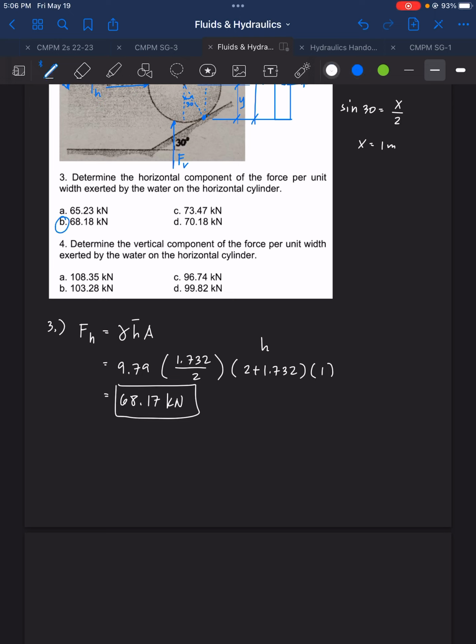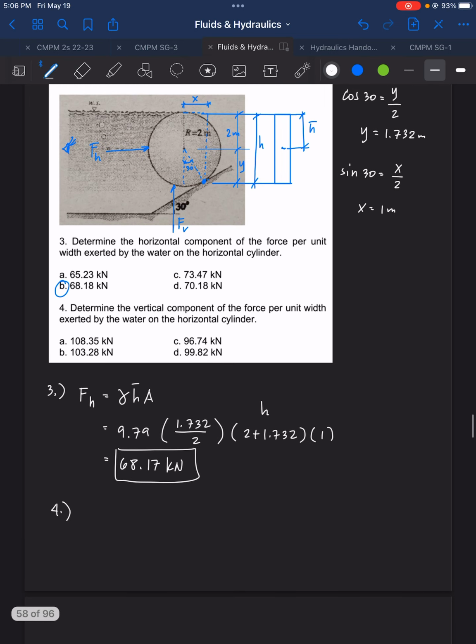Next, we have number 4. Determine the vertical component of the force per unit width. So what volume are we going to consider here? We are going to consider this volume. So we need to get this area.